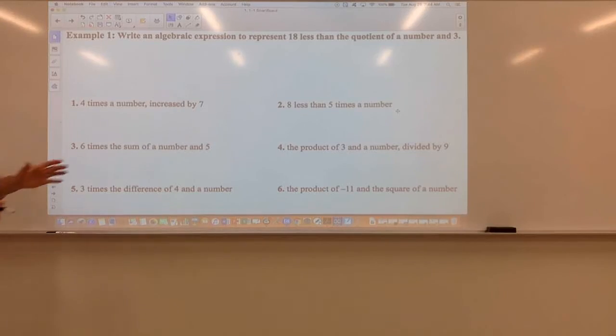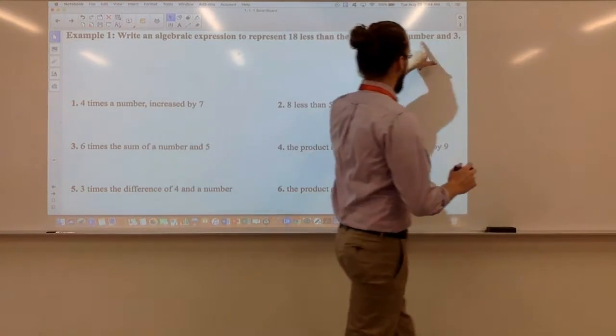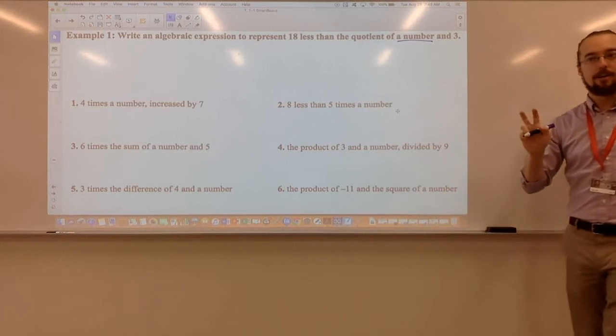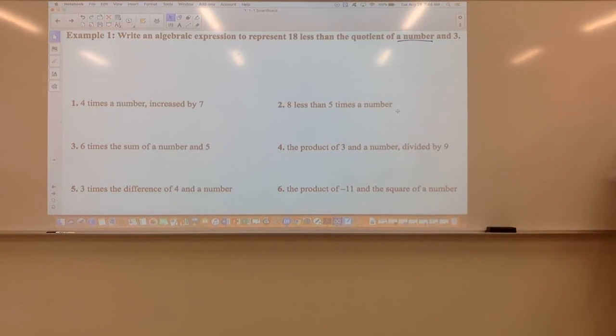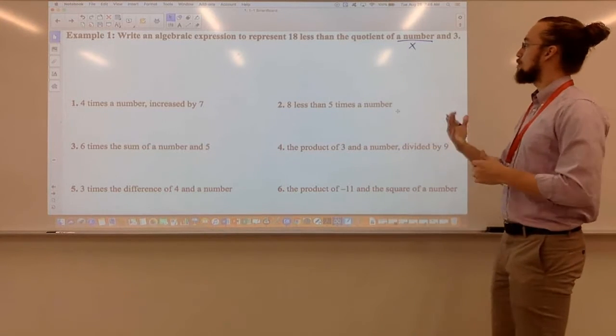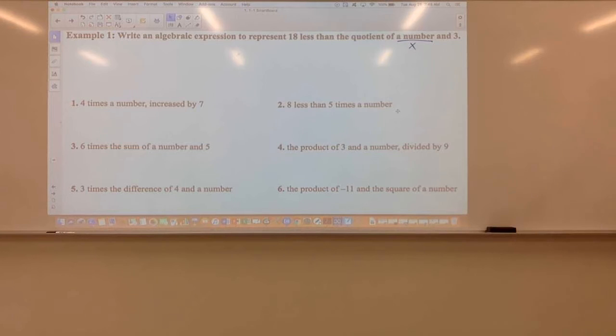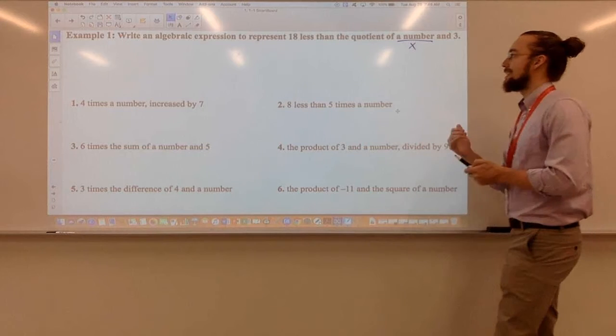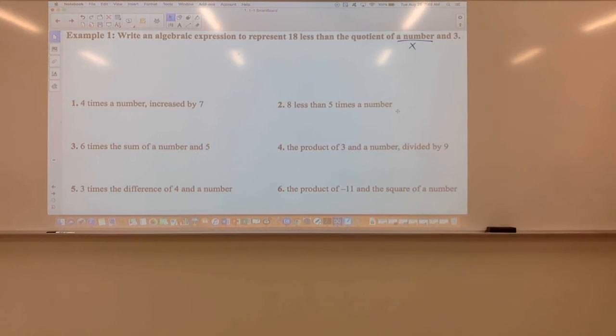So first of all, if we see a number, how am I going to represent a number? X. Yeah. Whenever we see a number, we're going to put in a variable. The most common variable we use is x. So how can I write this whole thing then? 18 less than the quotient of a number and 3.